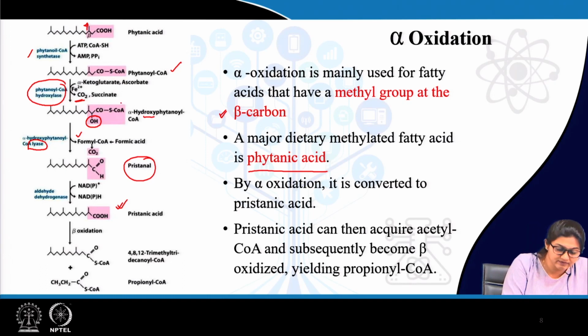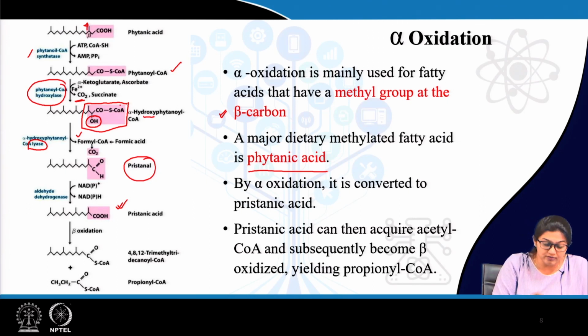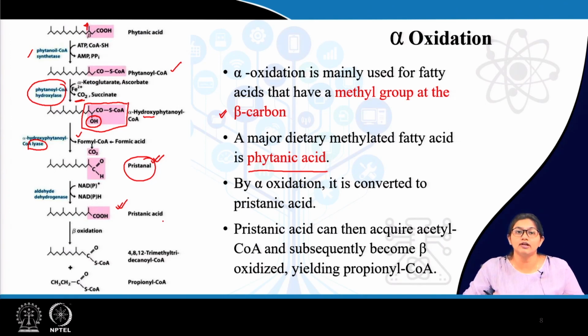Then this part is removed as formyl coenzyme A, forming pristanal. Pristanal forms pristanic acid. Now, pristanic acid is basically derived from the phytanic acid only, and then pristanic acid undergoes the normal beta oxidation after entering the mitochondria.